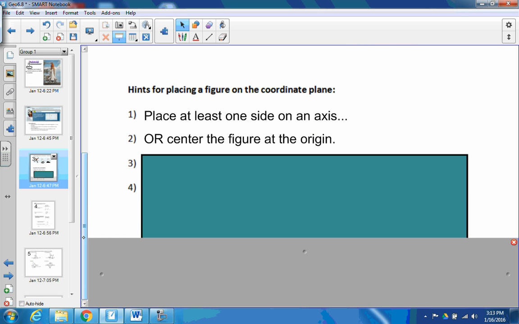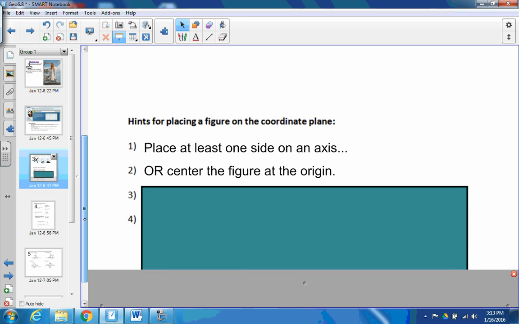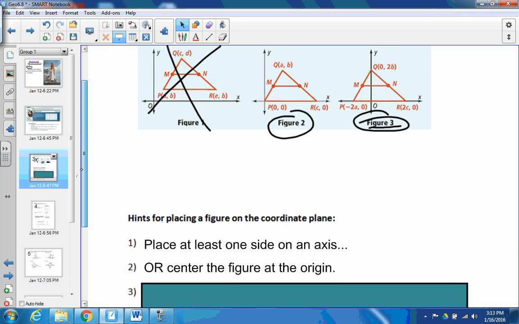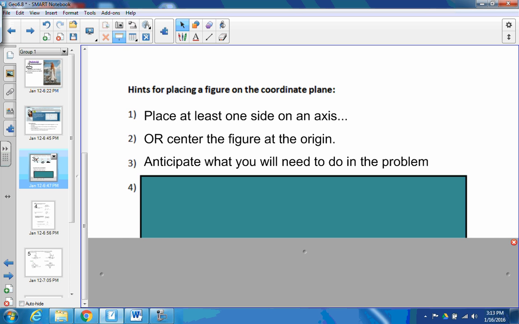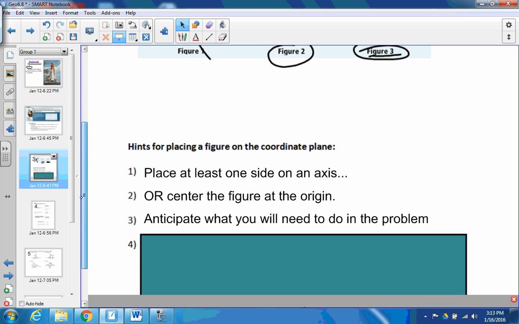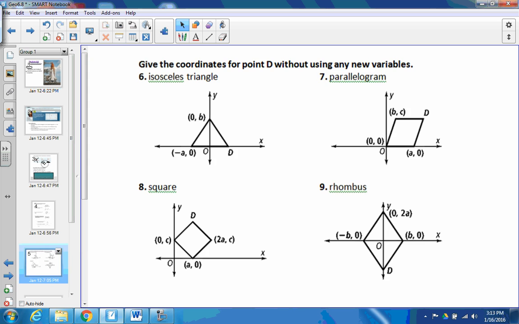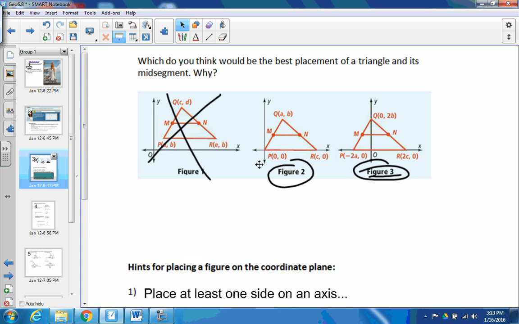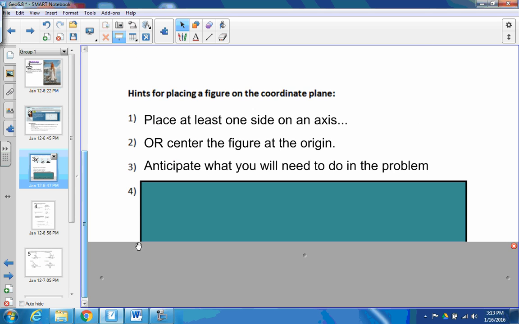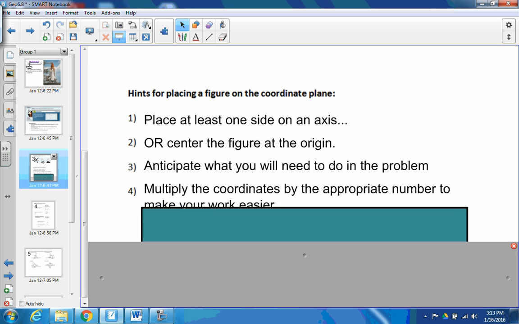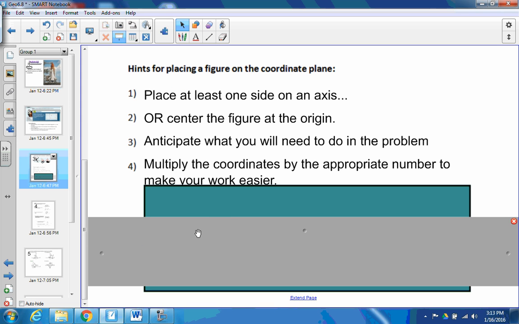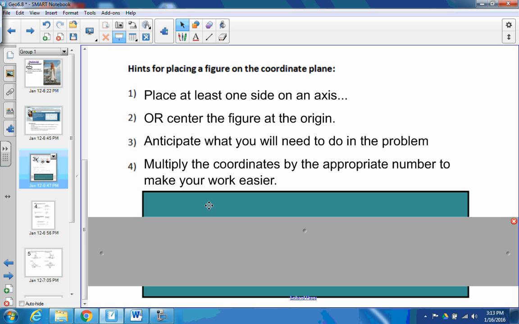If you have it centered at the origin, that's helpful too because you're working around 0. Anticipate what you need to do in the problem. Placing it as 2 or 3 might be better depending on what you're doing in the problem. One might be easier than the other. And then lastly, multiply the coordinates by the appropriate number to make your work easier.